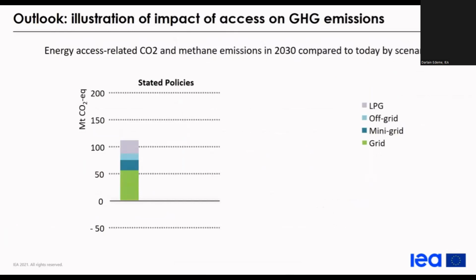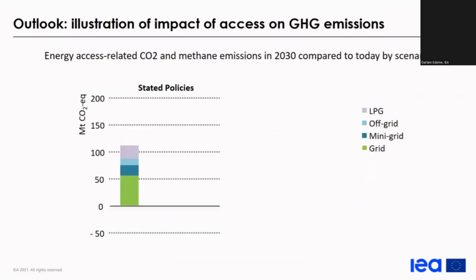A last example is on the effects of the access results on greenhouse gas emissions. And here, this analysis can consolidate our projection on access to clean cooking and on access to electricity. So let's have a look at the stated policy scenario.